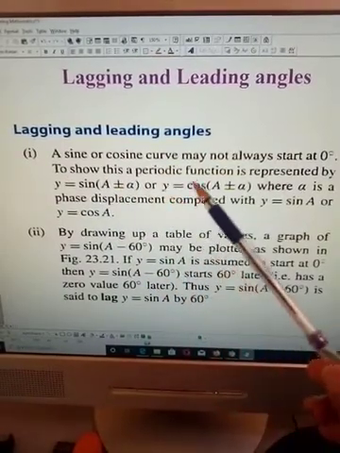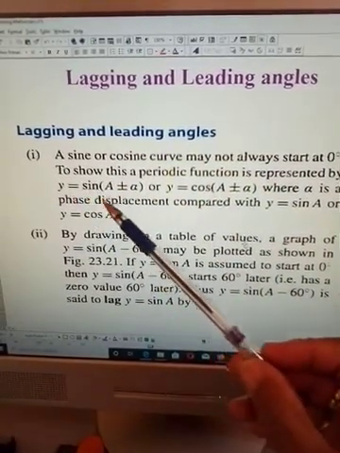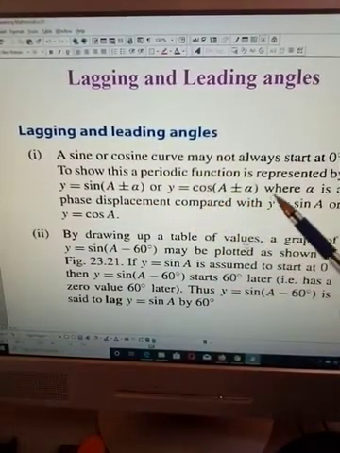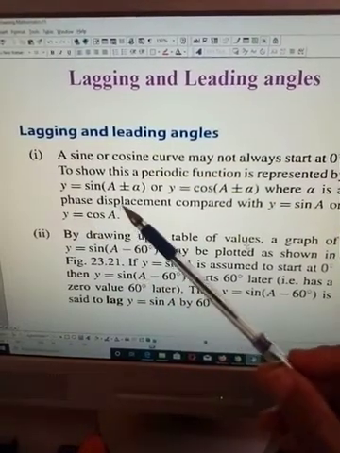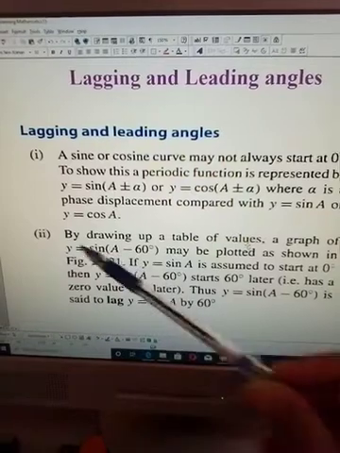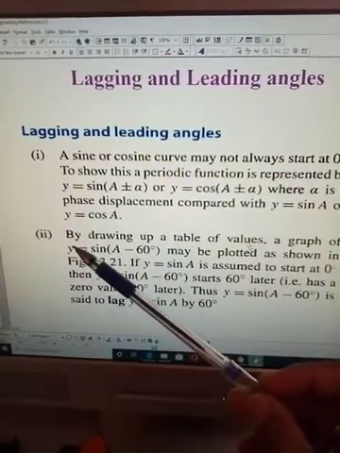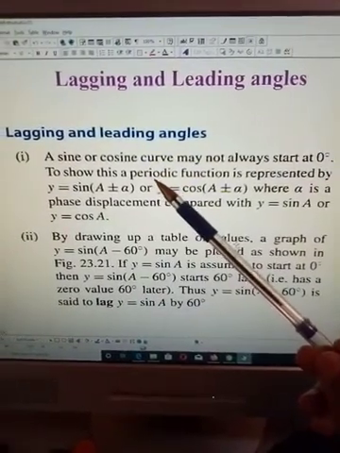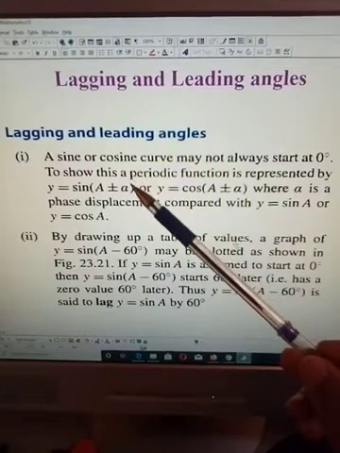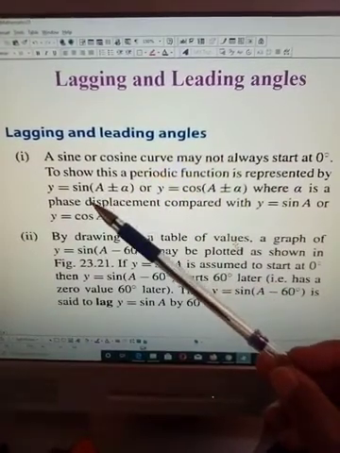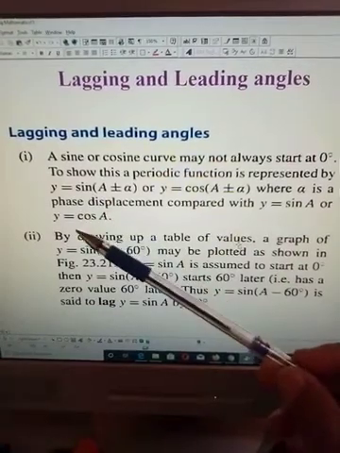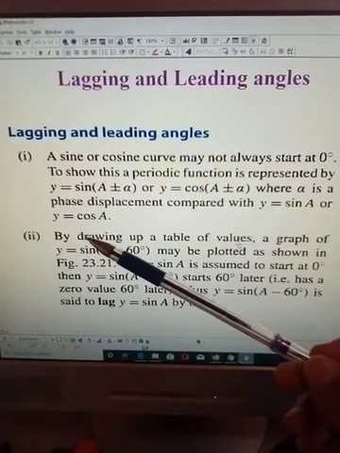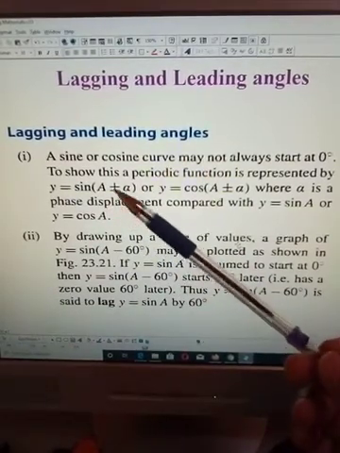To show this, a periodic function is represented by y equals sine A plus or minus delta, or y equals cos A plus or minus delta, where delta is a phase displacement compared with y equals sine A or y equals cos A. Now what it's trying to say here is that it could start at any point. It doesn't actually have to start at 0, it could start at 30 degrees, 60 degrees, 90 degrees, which would make the waveform either leading or lagging.